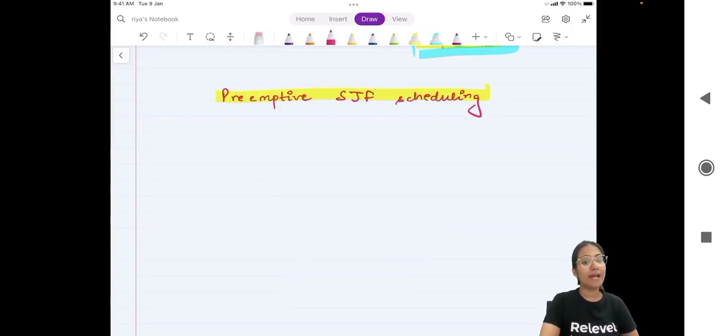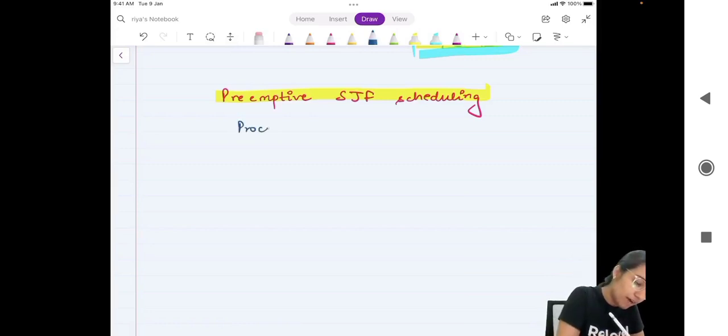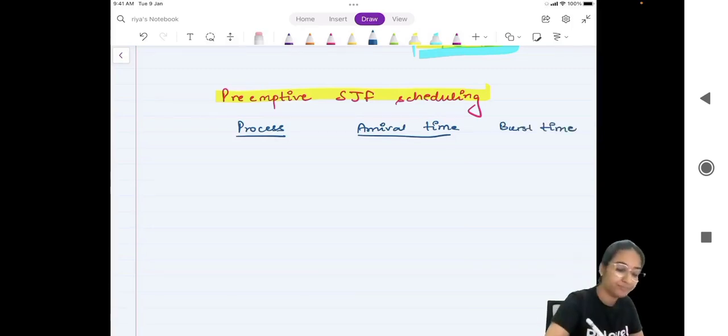Preemptive, by the name, remember that if a process with a higher priority or a lower burst time comes, the current process will be interrupted and that process will be allowed to execute. So let's say we have process, arrival time, and burst time.